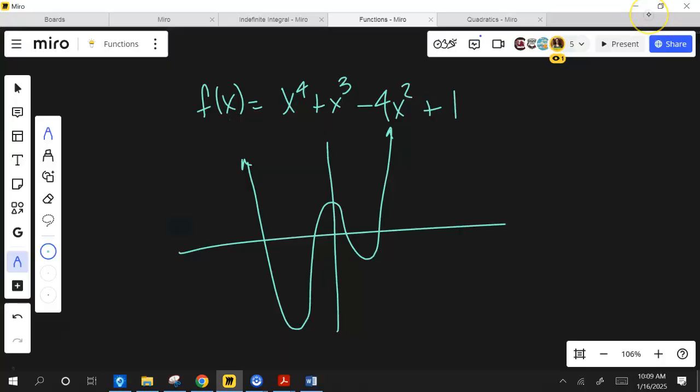Put the equation back up. Maxes, mins, increasing and decreasing intervals, estimate points of inflection, and we'll label concavity too while we're here. We'll just do everything in this one.